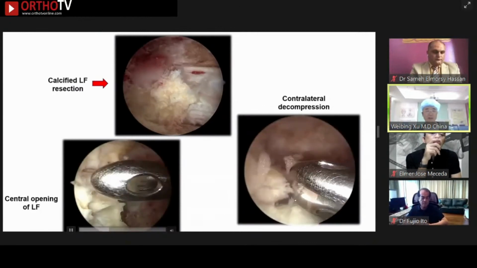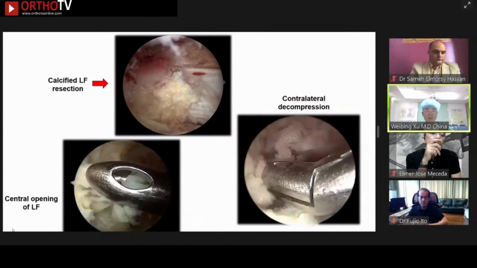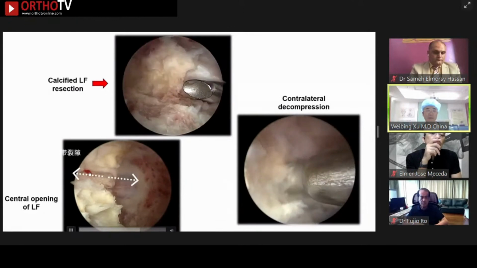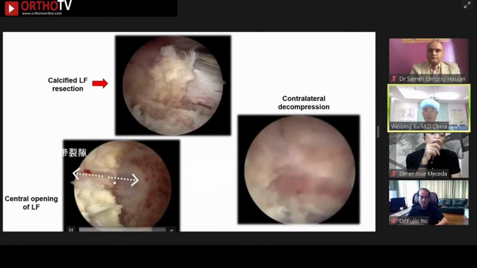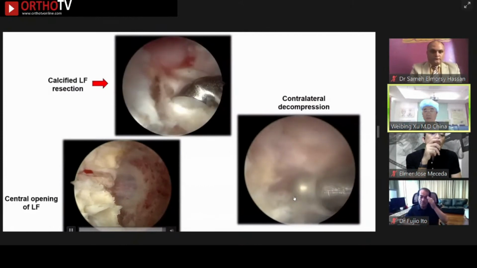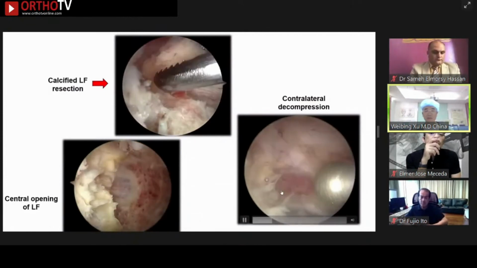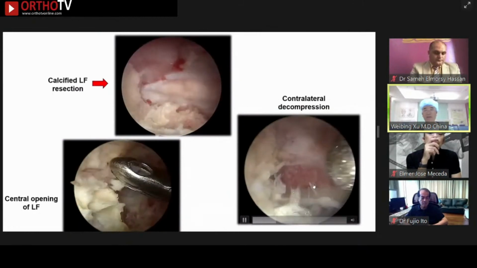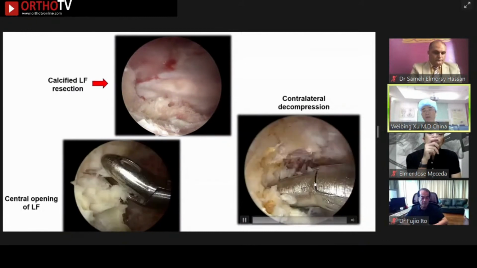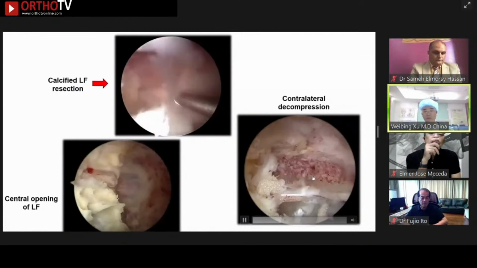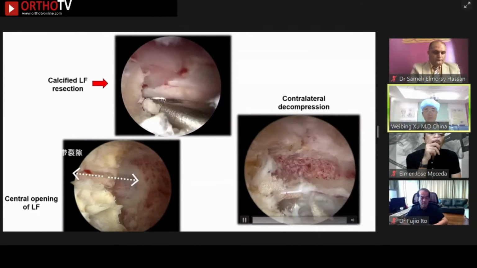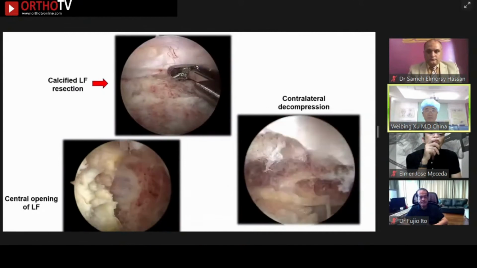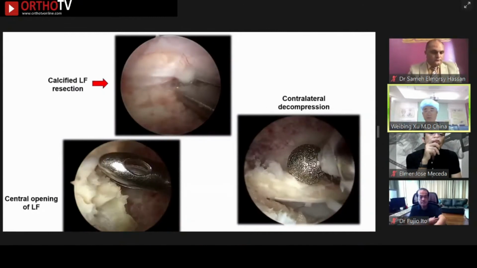First, we find the central fold from the disc space. Then with a diamond burr, we do the contralateral decompression along the deep layer of the ligamentum flavum.